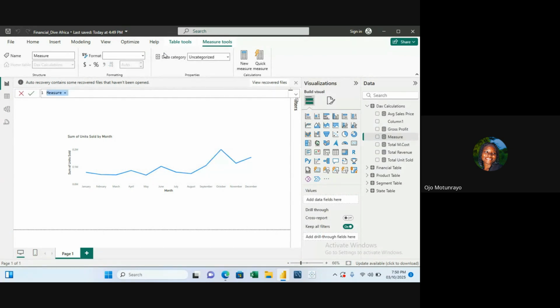Profit per unit, that is, all our table name, that is financial.